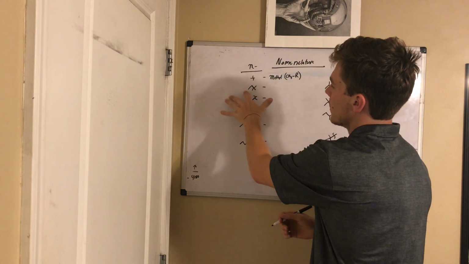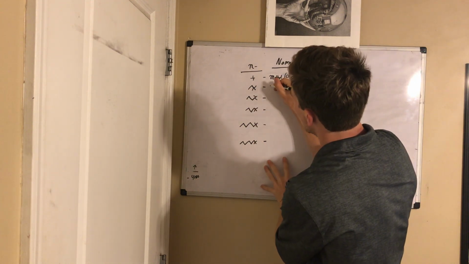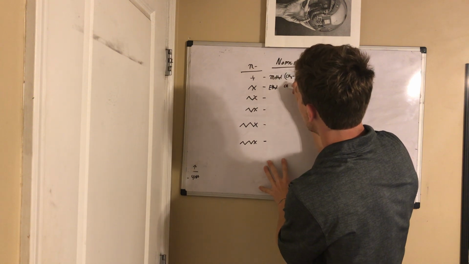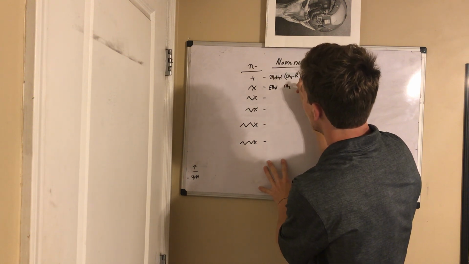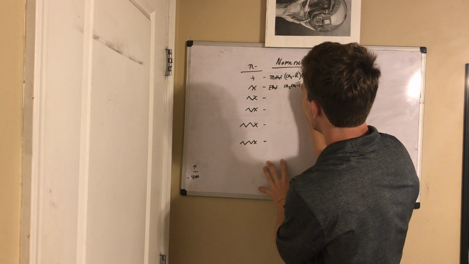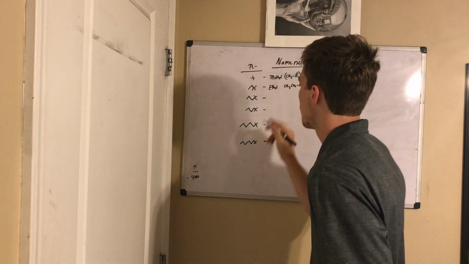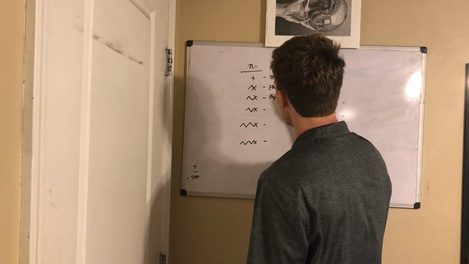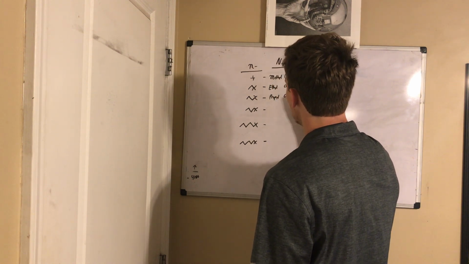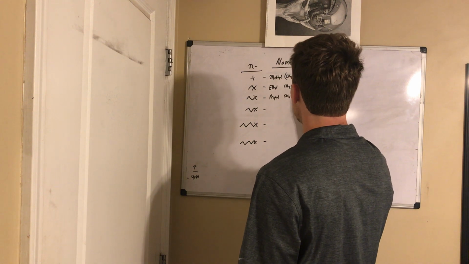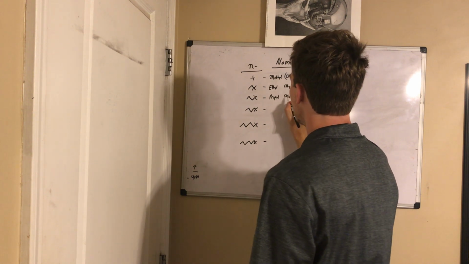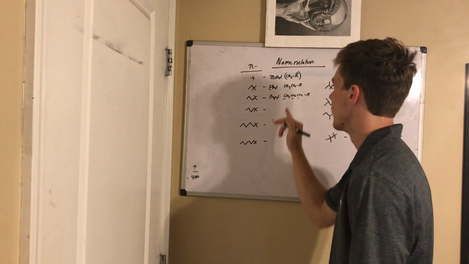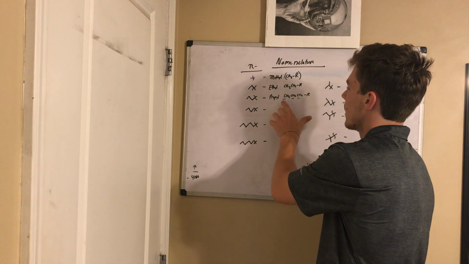For two carbons, we have an ethyl, which could also be CH3, CH2, R. If we keep going along, we have a propyl group: CH3, CH2, CH2, and R. As you can see, we're increasing our carbons each time.